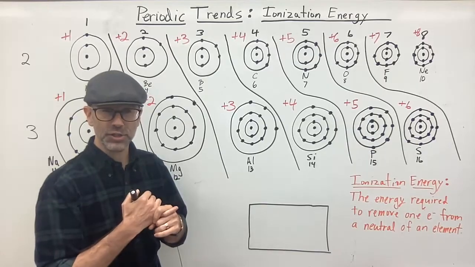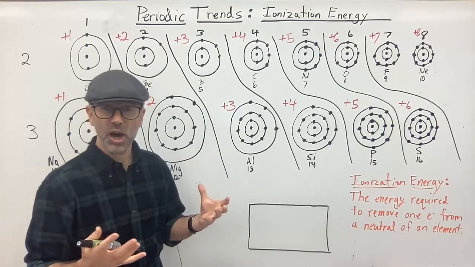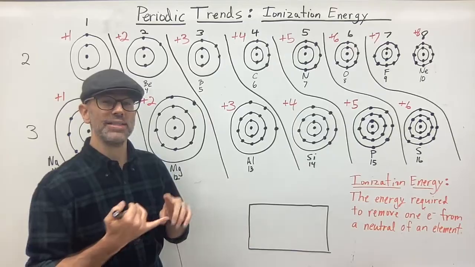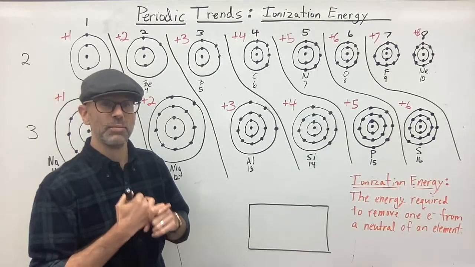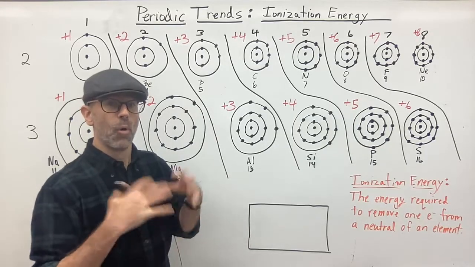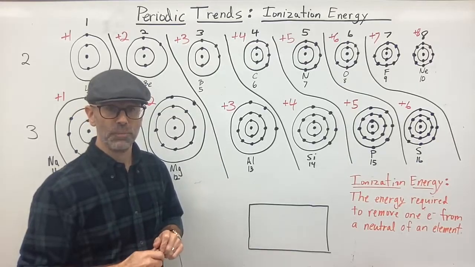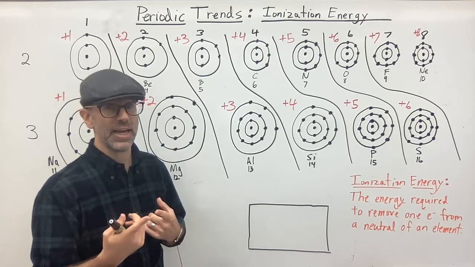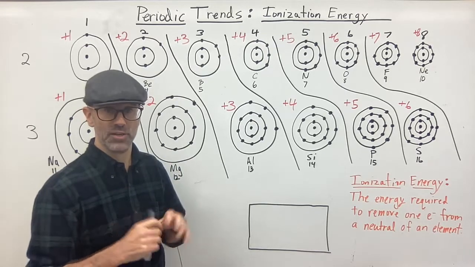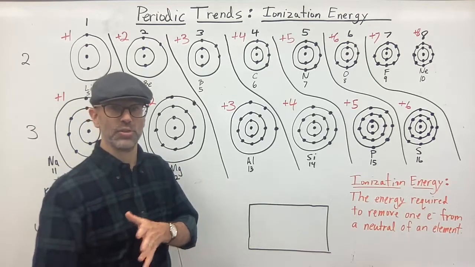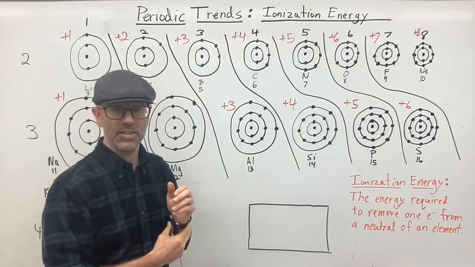Okay, so there are two factors that affect the pull on the electron. The first factor is the size of the charge, right? And when we're thinking about size of charges, we're thinking about the nucleus. So more charge in the nucleus means more pull. We also need to take into account the shielding effect, because some of that shielding is going to counteract some of that size of the charge.